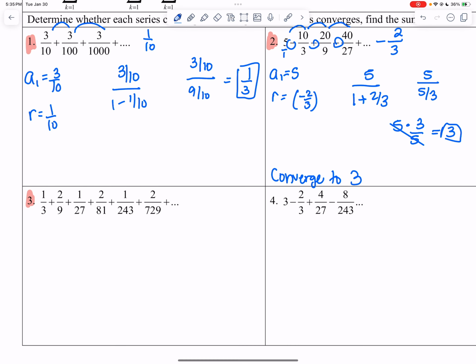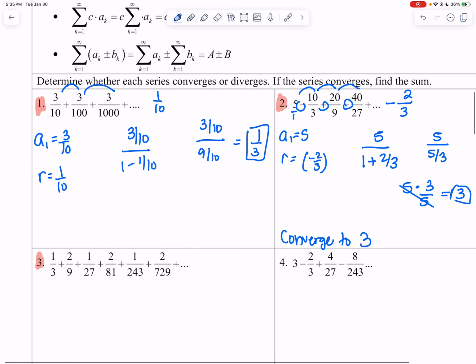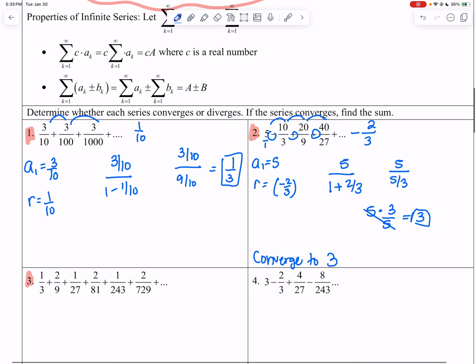Number 3 is a little bit different. So you can see 1/3 plus 2/9 plus 1 over 27 plus 2 over 81 plus 1 over 243 plus 2 over 729. And what I want you guys to do is think about what I can do in terms of one of the properties that I have.